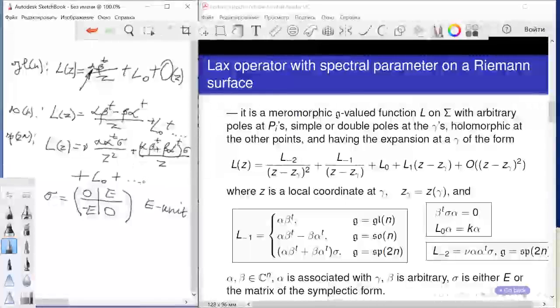For the symplectic case, there is one more relation, but I will not write it down because I will basically be dealing with the general case.